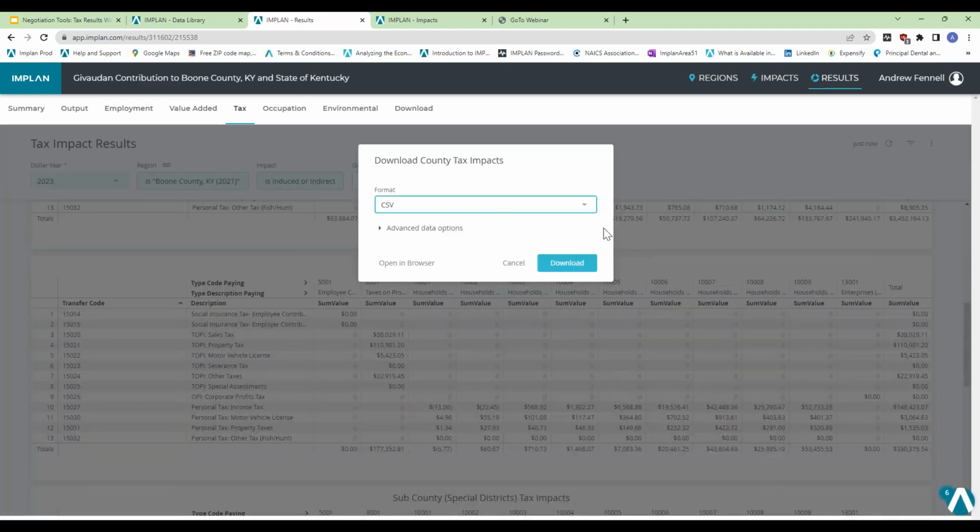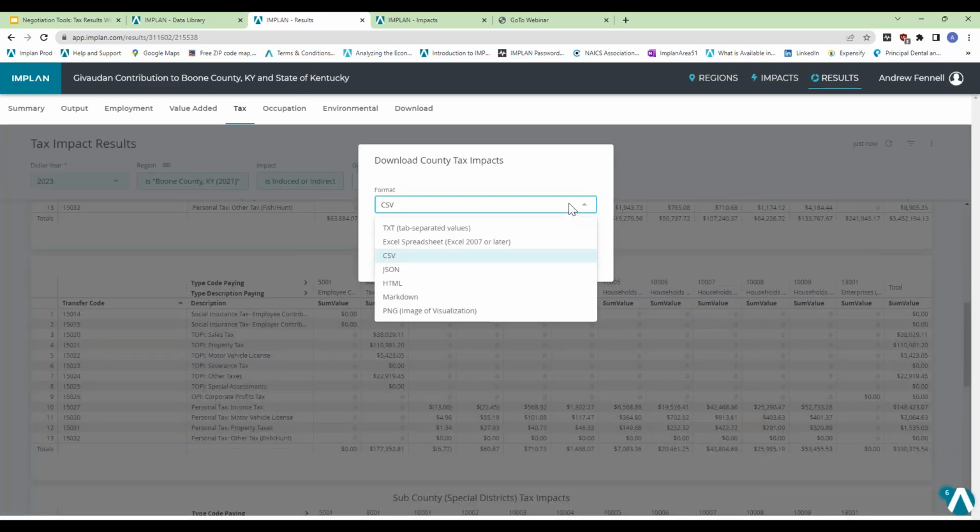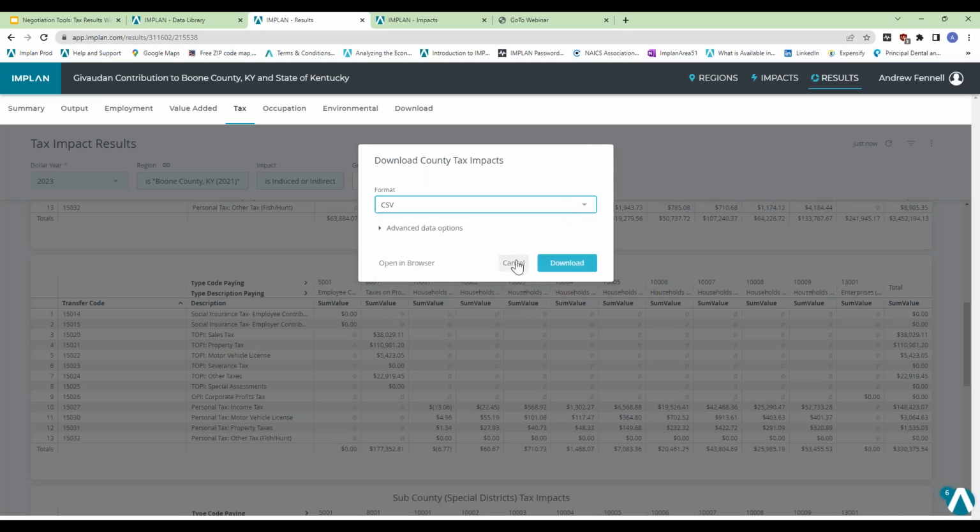This can absolutely be downloaded into a couple different file formats. Excel is certainly the most common, and we could do that there.